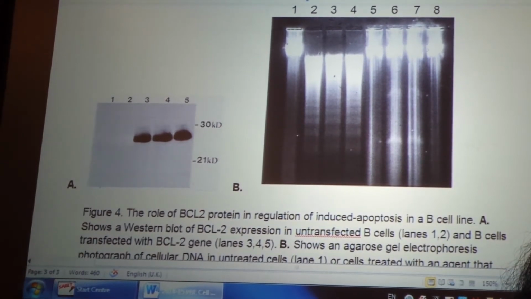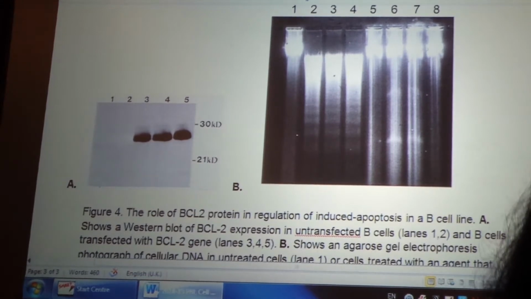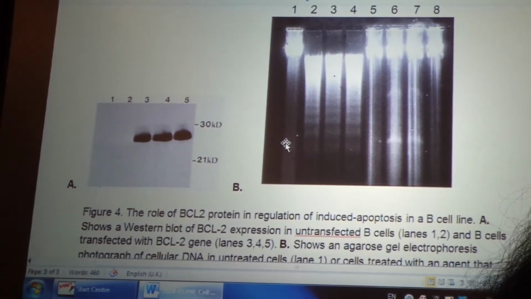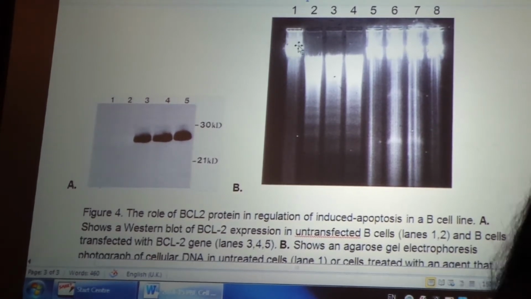So the agarose gel, if you've done one, you may know that the rate of migration really depends on the molecular weight of the DNA. So if you were to isolate DNA from your normal cells, most of it comes out as high molecular weight DNA. So there's a big, large band here.